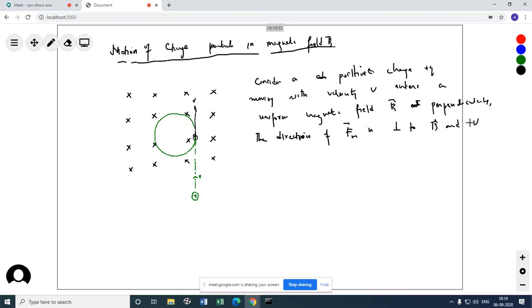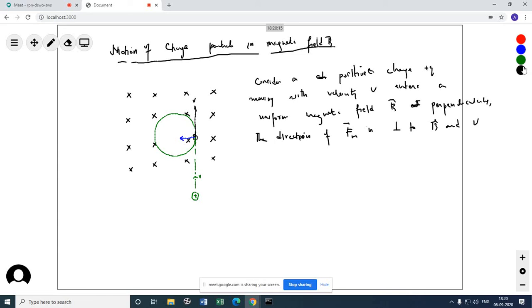Okay? Correct? So in this case, this is the velocity vector, the cross is the B vector, so you can hold it: B cross V. You can see the Fm vector is always directed towards the inside.